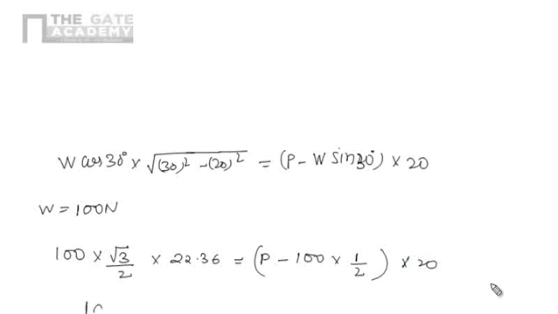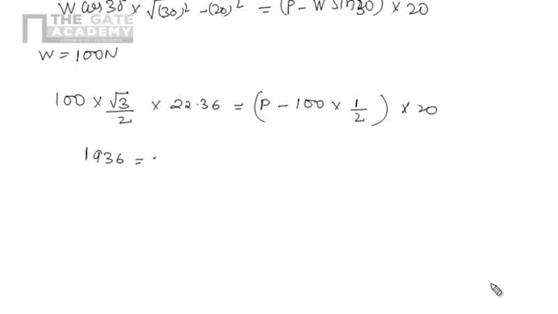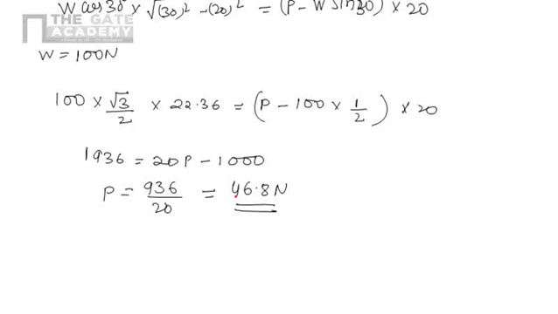So that is 1936 equals to 20P minus 1000. So P will be 936 by 20, and this value will be 46.8 Newton. This is the required value.